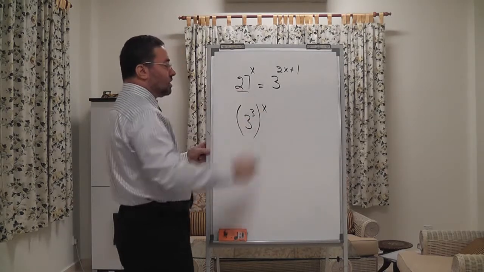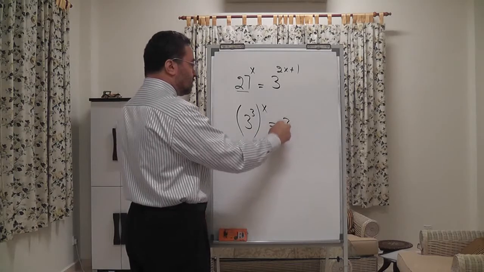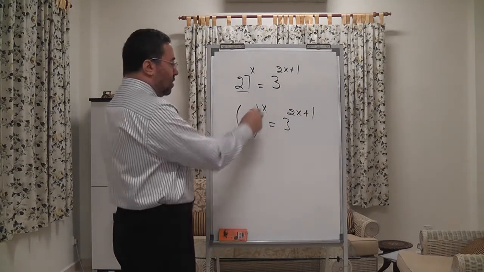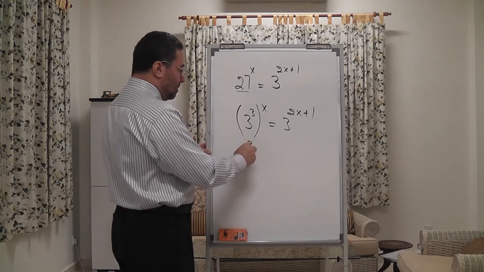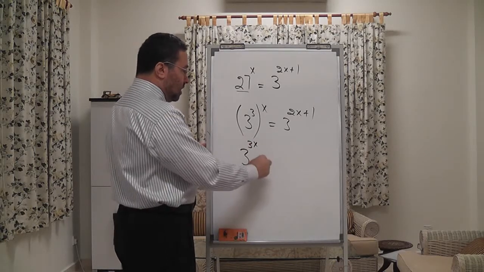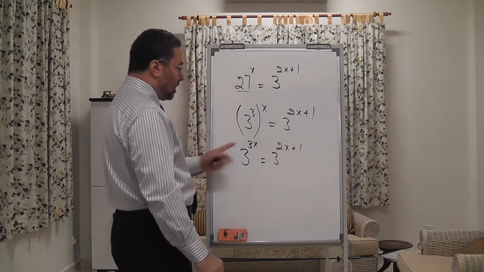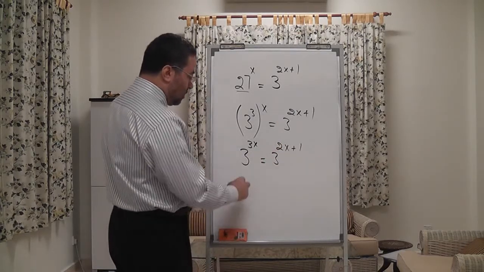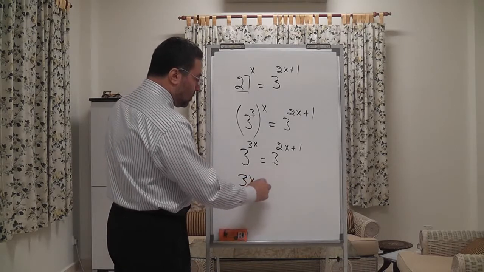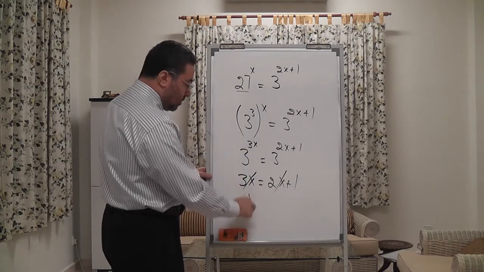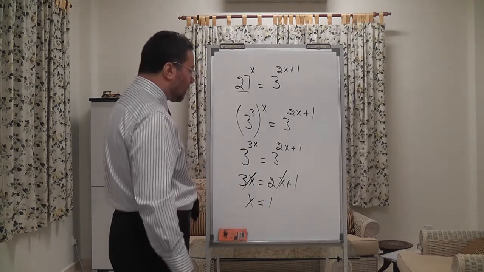And this whole thing is raised to x. Here we have power to power, so that will be 3 raised to 3x equals 3 raised to 2x plus 1. Now we equate the powers, 3x equals 2x plus 1. Drop 2x from both sides and we get x equals 1.